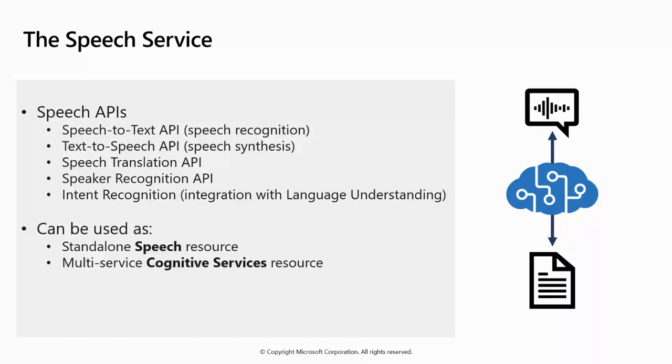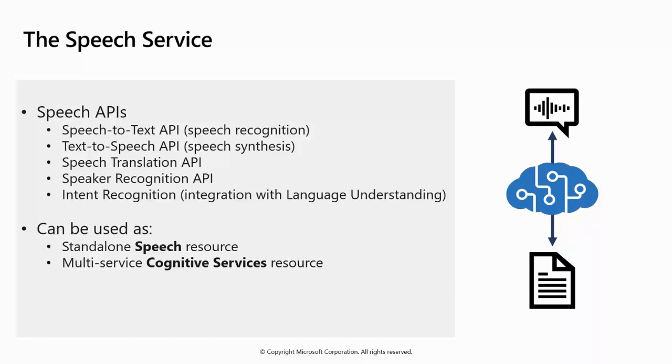This is an API that integrates with the language understanding service. We are going to see this service in the next module, don't worry, but this determines the semantic meaning of spoken input.